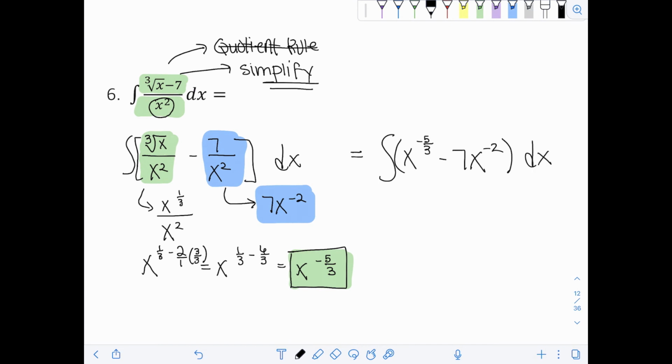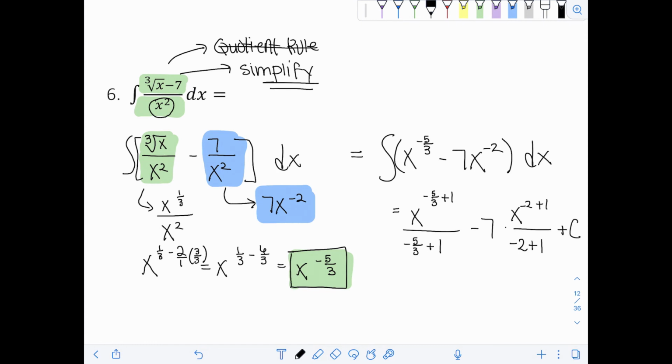And now at this point, we can apply the power rule to get the integrals. So the first one would be x to the negative 5/3 plus 1 over negative 5/3 plus 1, minus 7 times x to the negative 2 plus 1 over negative 2 plus 1, and then plus c.